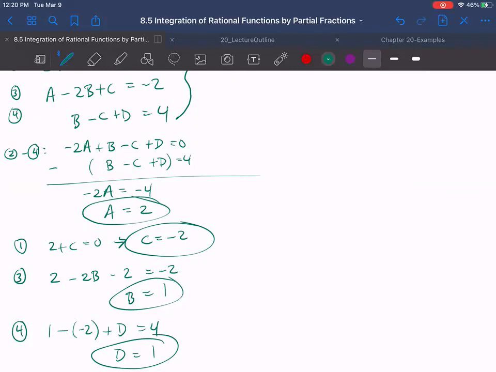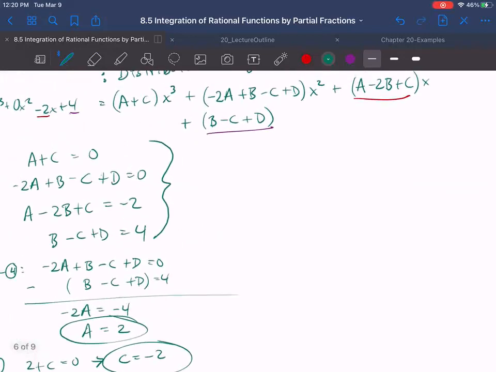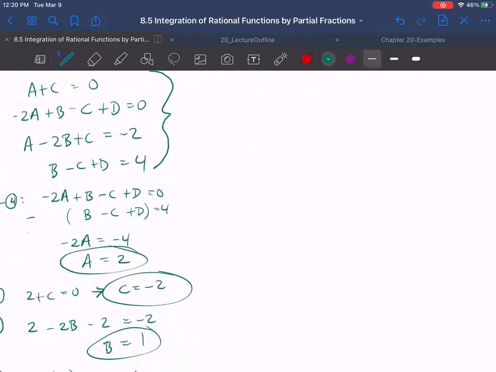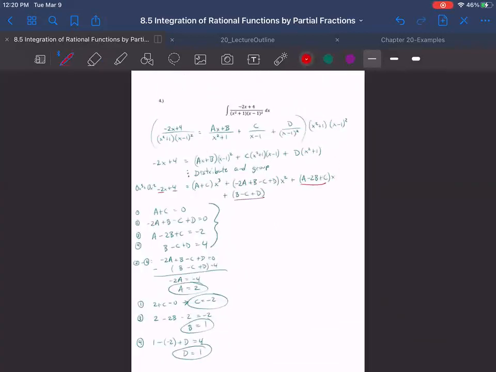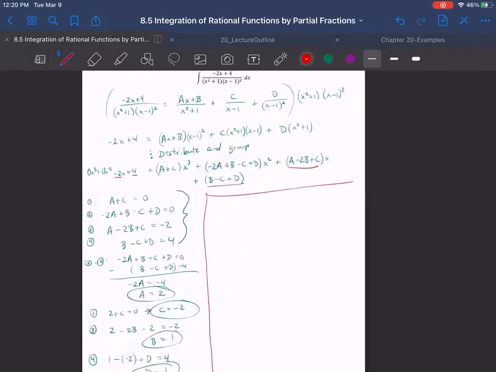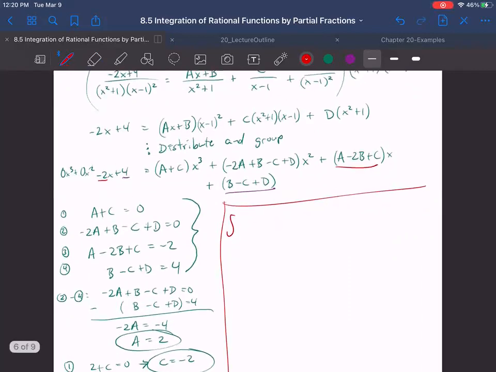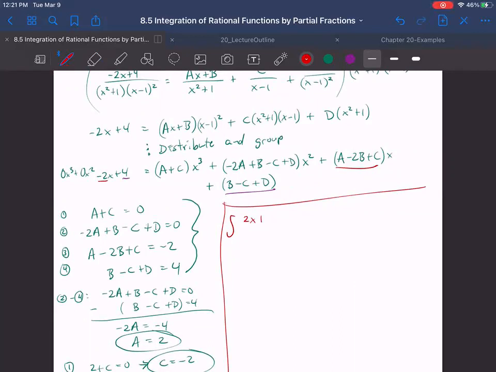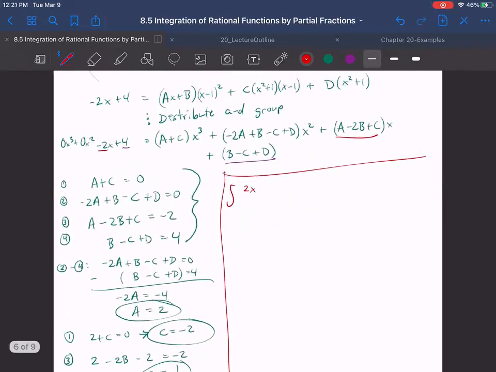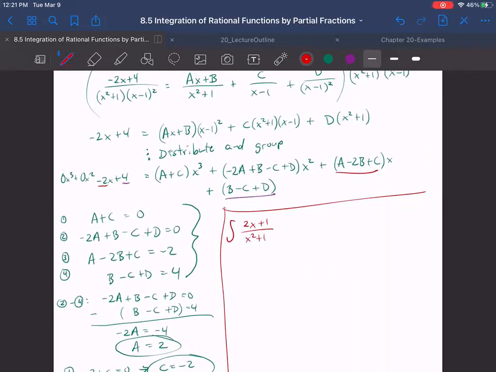All right. That means this integral is going to become the integral of a, which is 2, x minus 2, wait, b was 1, plus 1 over x squared plus 1, minus, and then we have c, which is negative 2, so minus 2 over x minus 1.